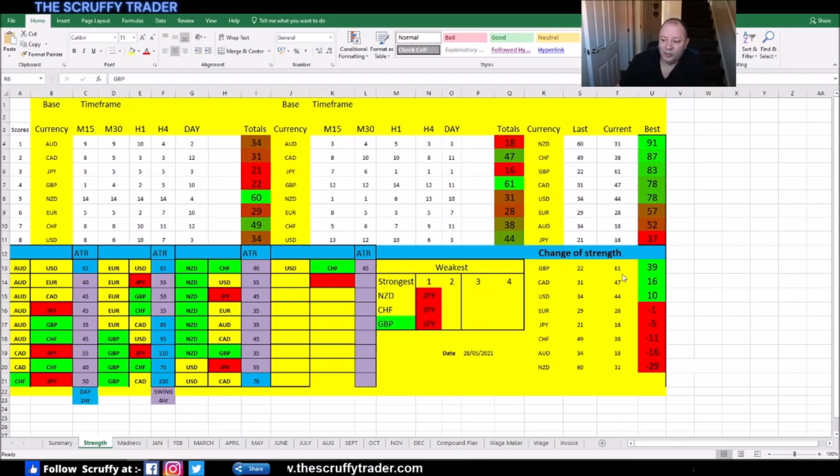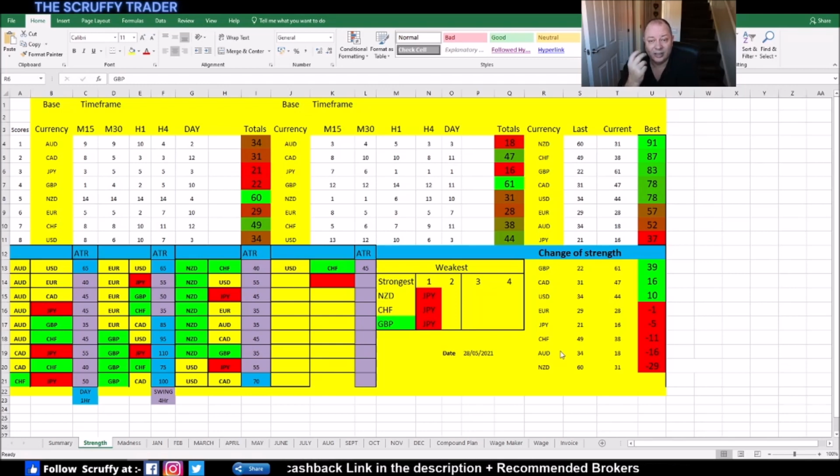Then you come into this, which is the movers and the shakers. Basically, it's telling me what the change has been over a couple of days. So if something has been sitting high, and then suddenly I'm seeing a change of strength coming down drastically, that might tell me that its time at the top is over.